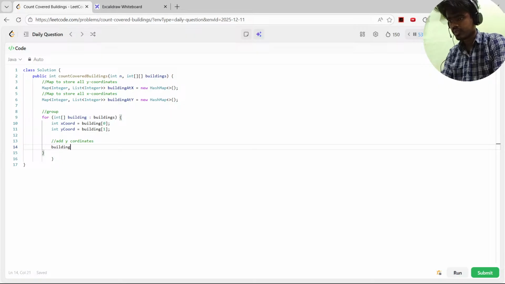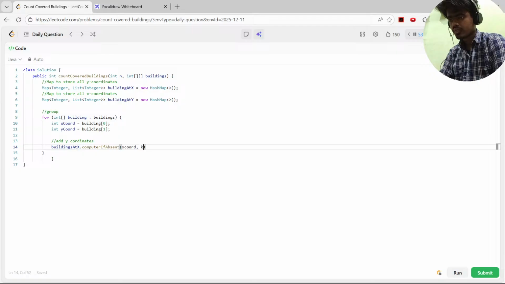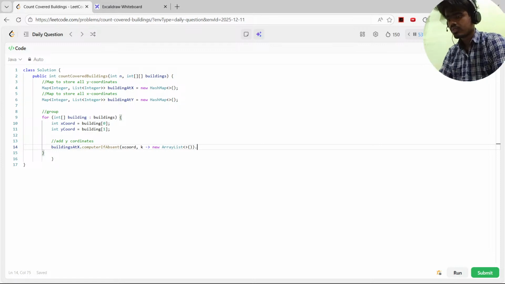Buildings at x, computeIfAbsent, new ArrayList, and then add.